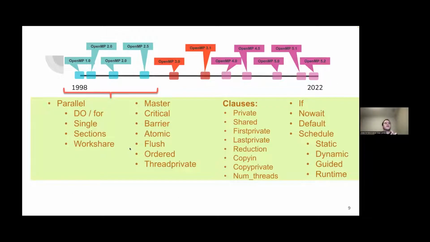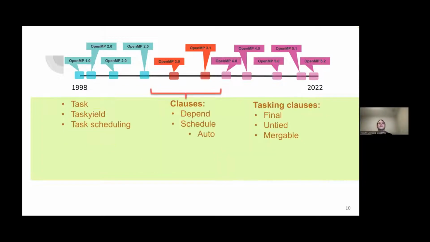So if we see the evolution of OpenMP, at the beginning they were only focusing on creating parallel regions, meaning creating parts of the code that were executed by multiple actors, and how to coordinate the work within those parallel regions. As we move towards 3.0, we start seeing that tasking mechanisms are being included.